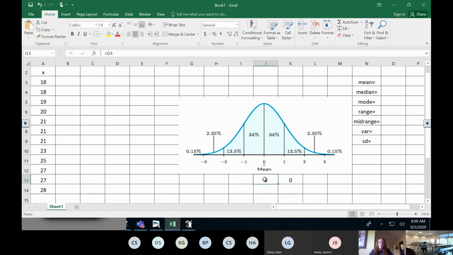I'm going to carry that to 3 places: 1, 2, 3. And equals this minus the standard deviation, F4, and go in this direction.